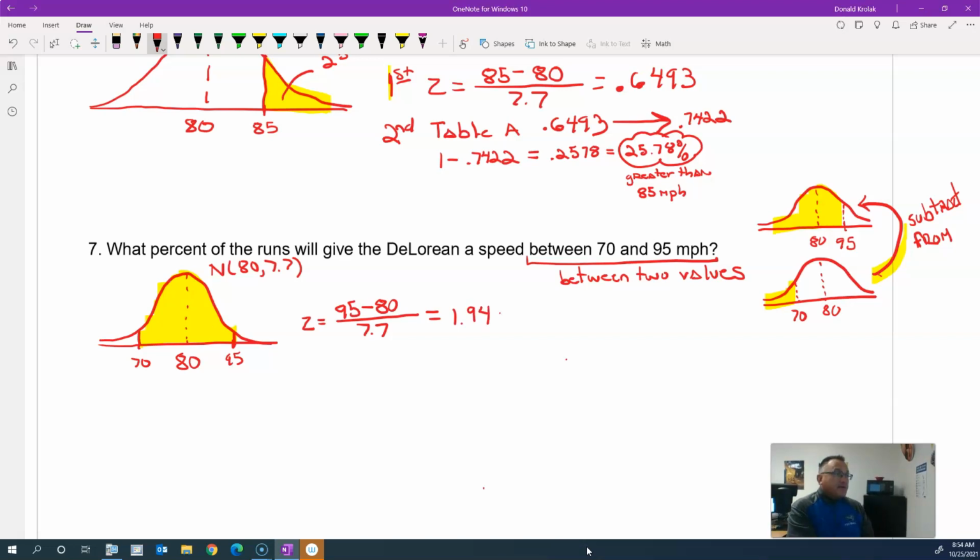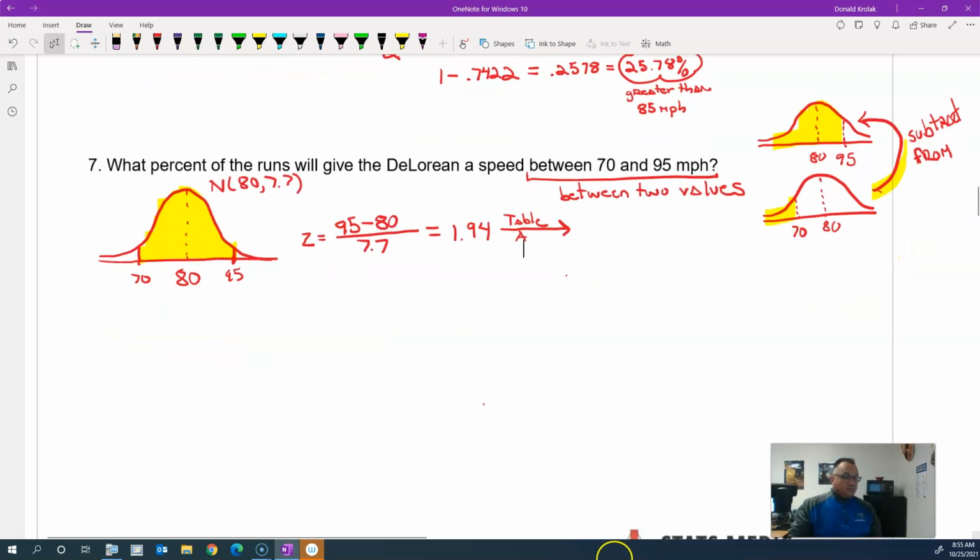Okay, and we're going to go to the table. And we're going to get that number. Oh, actually, if I rounded this should be 1.95. Let's do that.